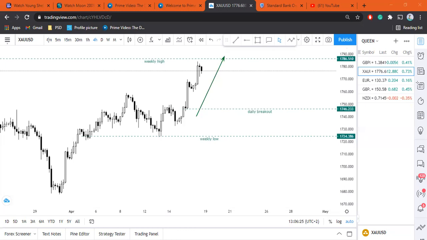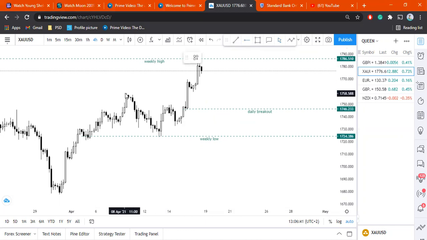Then if we are to highlight this area, we already highlighted this area, but remember our daily breakout was around this area.